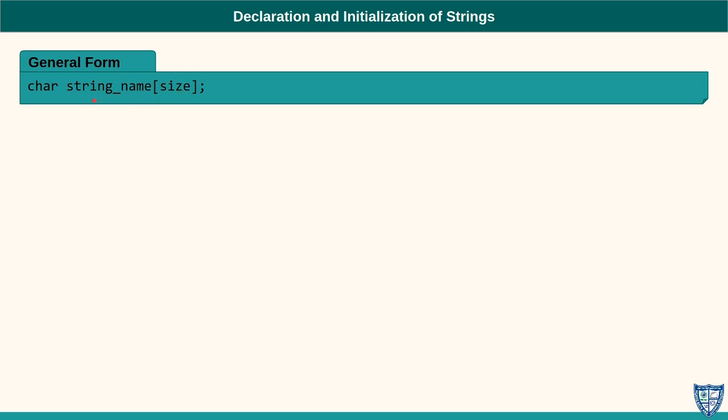In the case of a one-dimensional array, we have written an integer array like int a within square brackets with a size, for example 10. Likewise, instead of int, if we put char, then it becomes a string. Here size determines the maximum number of characters in the string.